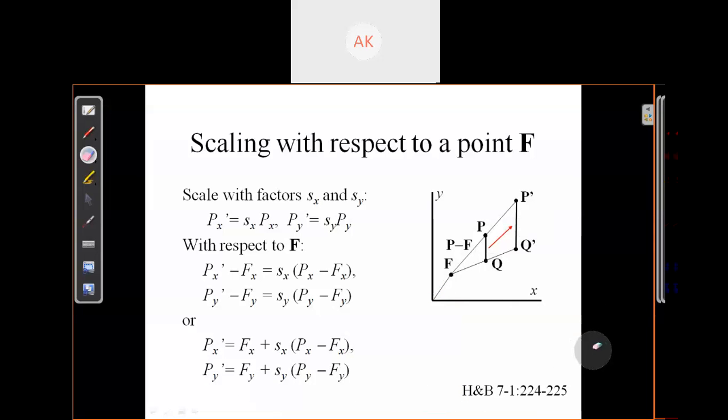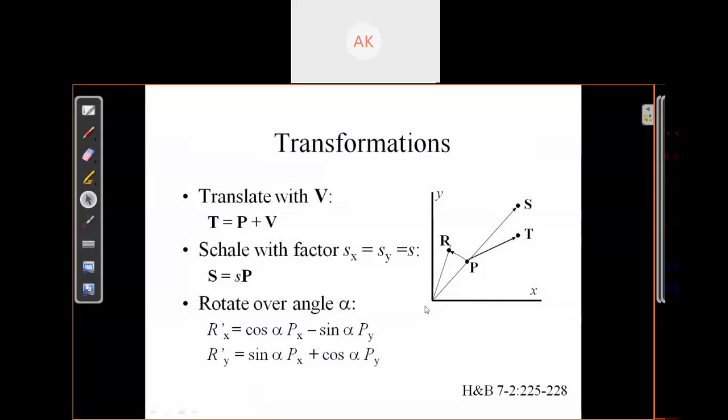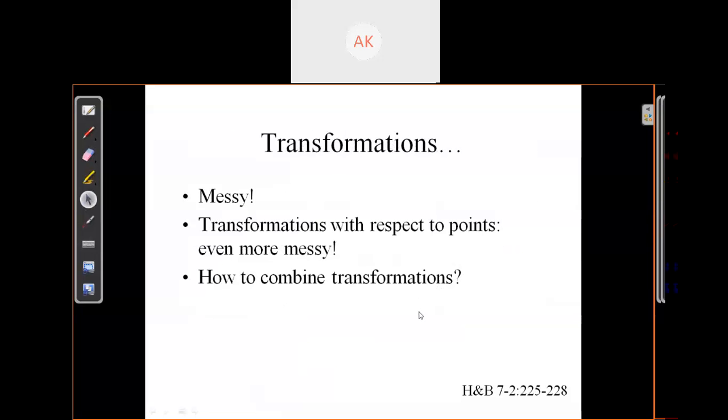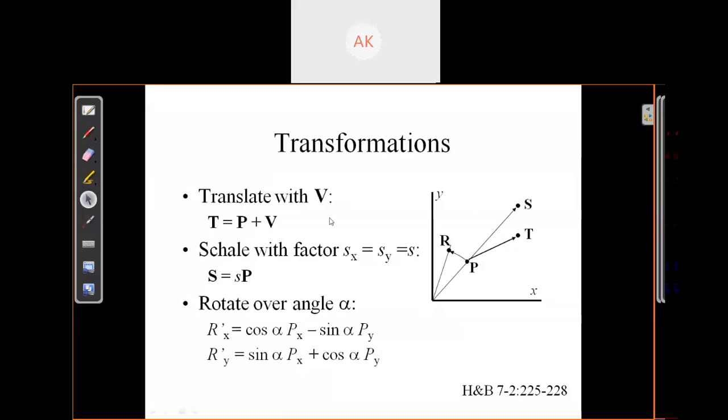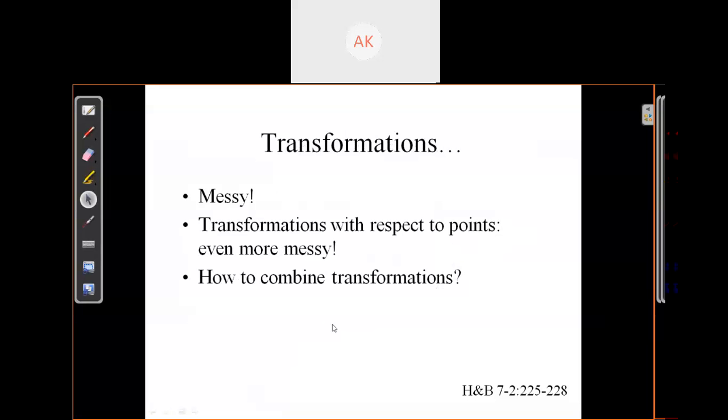I think the purpose is clear why we are doing this. In this case, we first translate, rotate, and scale up.